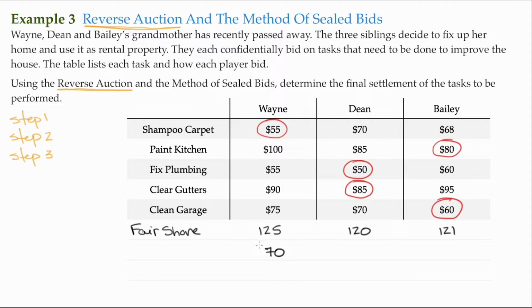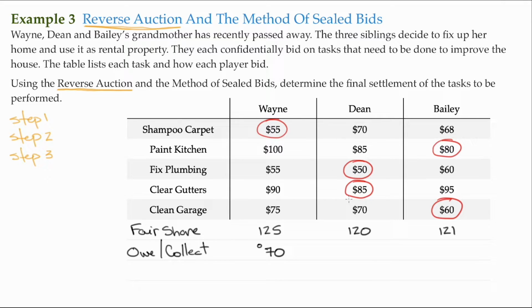He owes that amount of work back because he bid a fair share of $125 and is only doing $55 worth. And I'm going to mark it again with that little O to show that Wayne owes that money back to everybody else. And of course, I'm going to put in O and collect right here.